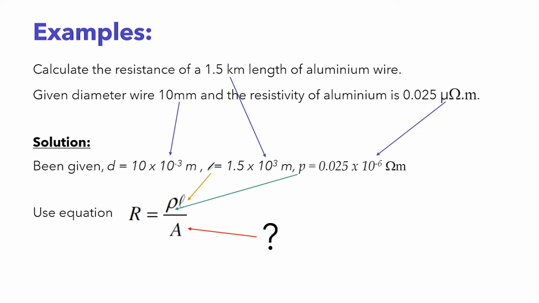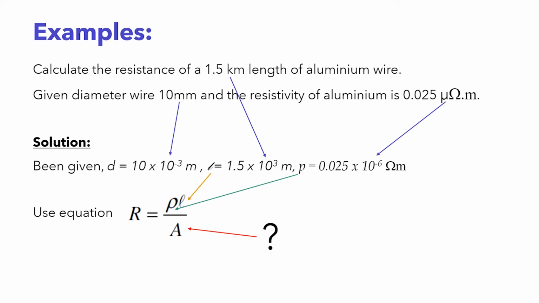So the length is 1.5 times 10 to the power of 3. And the resistivity rho is 0.025 microohmmeter. So micro equals 10 to the power of minus 6. So by using the equation R equal to rho times L divided by A.